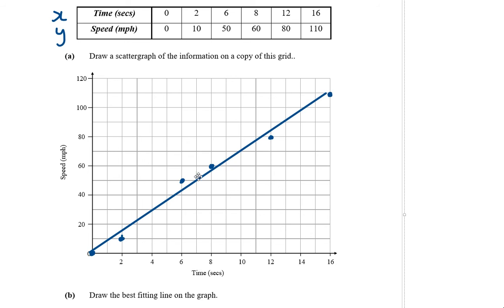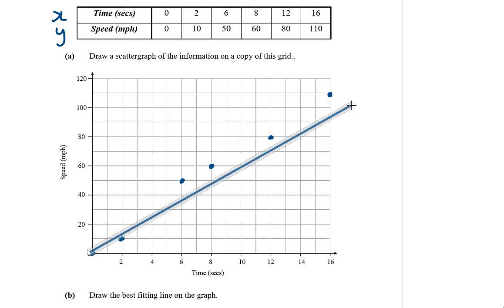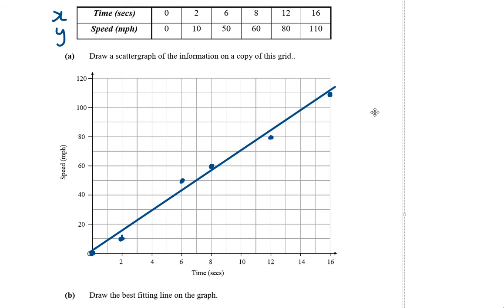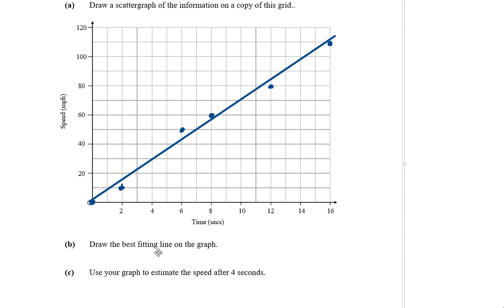There's 2 just above the line, 2 just below the line. This would obviously not be right. You're looking for something that has all the points as close to the line as possible. So it's like the line representation of an average. To me that's looking not bad.